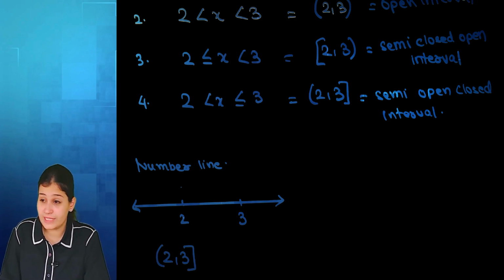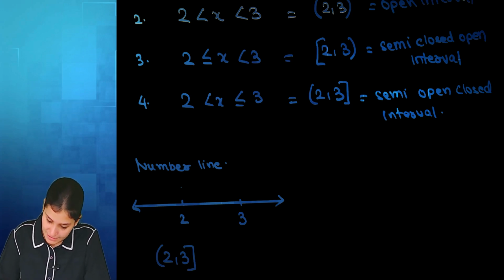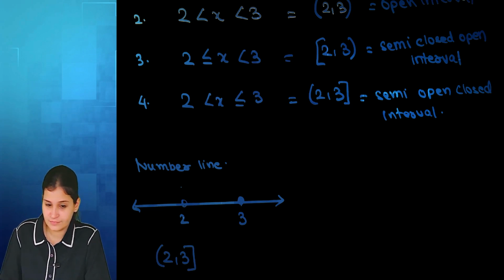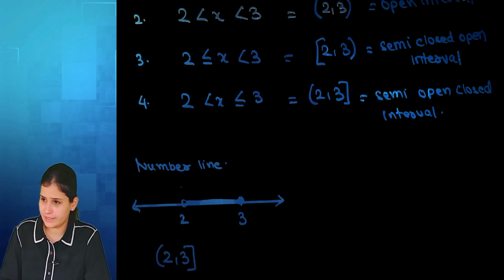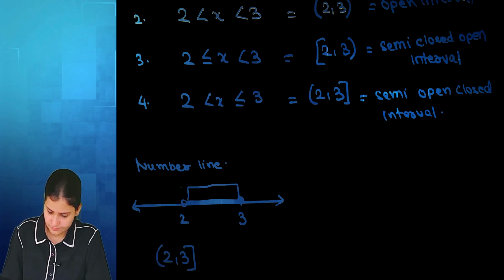No. Do I want to take 3? The number that I want to take, I will fill the circle. The number that I don't want to take, I'll have an empty circle. Can you see that? Yes. And I want to take every element in between. So either I highlight it or you can also give a bracket in this way.